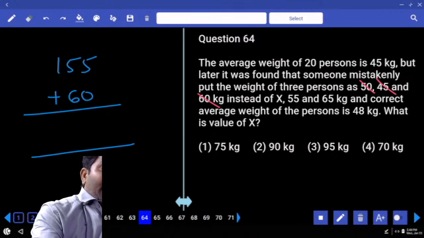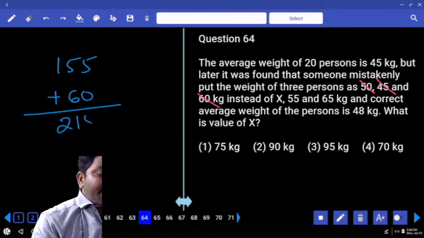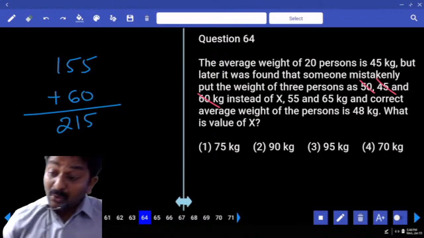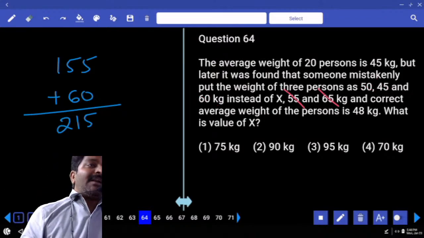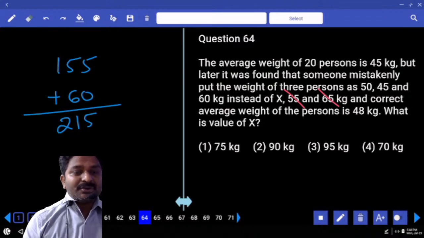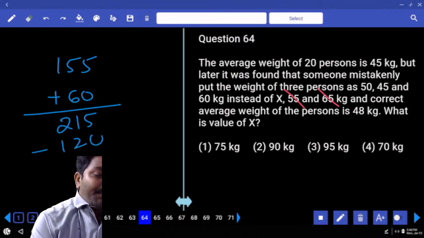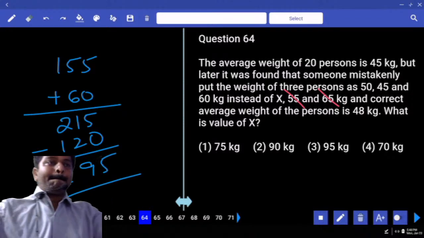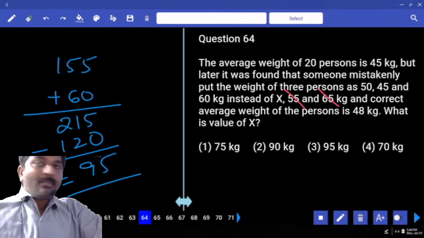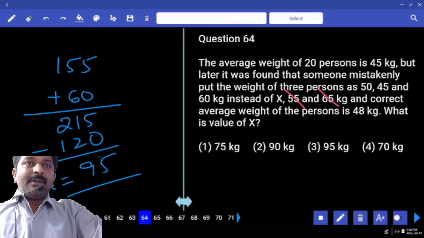Right. Then the sum of correct values must be equal to 215. Out of them, we already know two numbers as 55 and 65. Sum of those two is equal to 120. If you subtract it, you will get the third value which was missing, x, that is equal to 95. Followed?